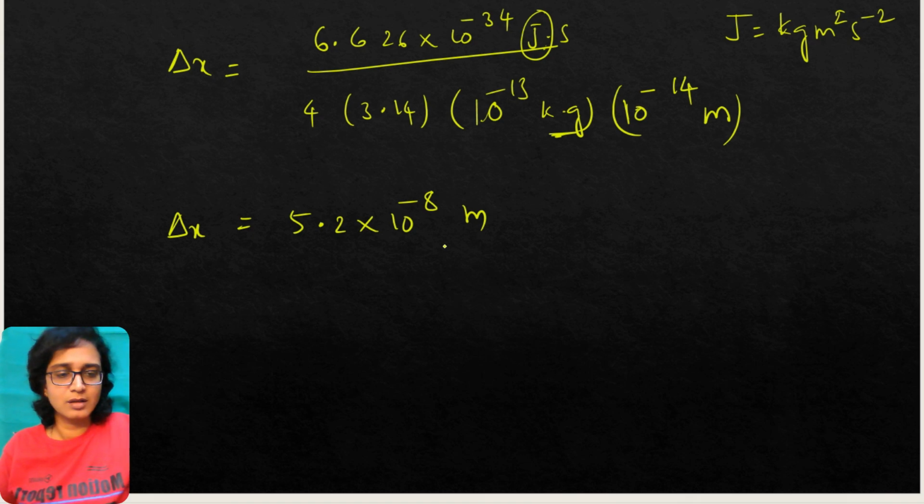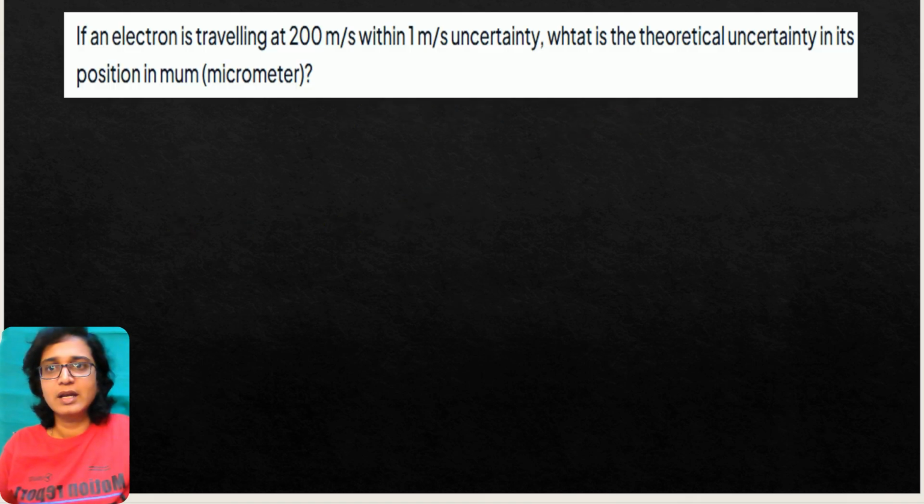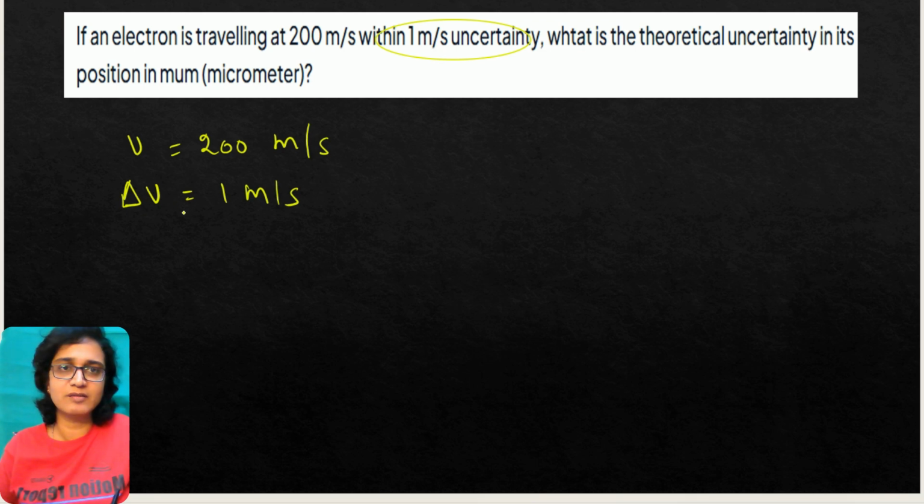meters. Okay, if an electron is traveling at 200 meters per second, so velocity they gave 200 meters per second within 1 meter per second uncertainty. It is not in terms of percentage, directly they gave the uncertainty value.